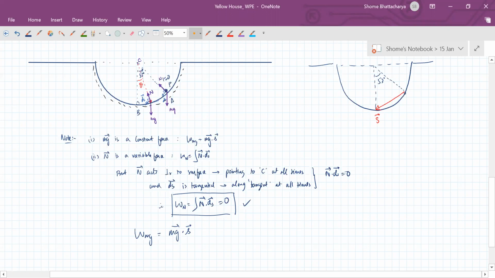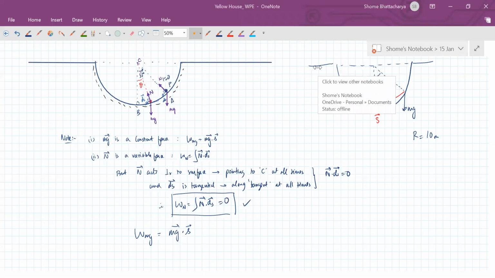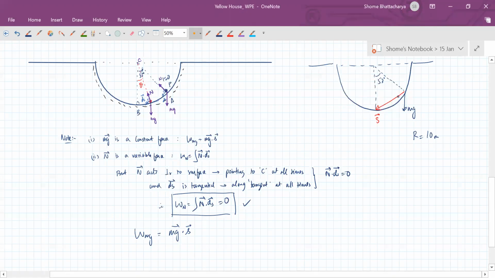And mg will be like this. Remember, radius was given to you as 10 meter. Cos theta, yeah, where this angle will be the theta you're talking about.